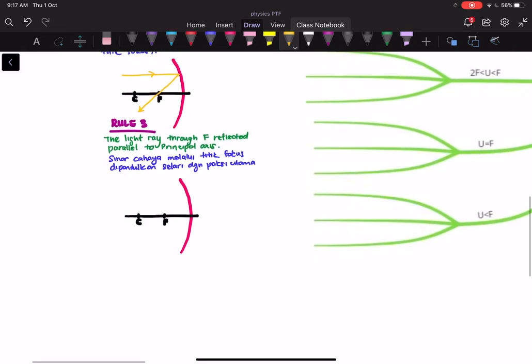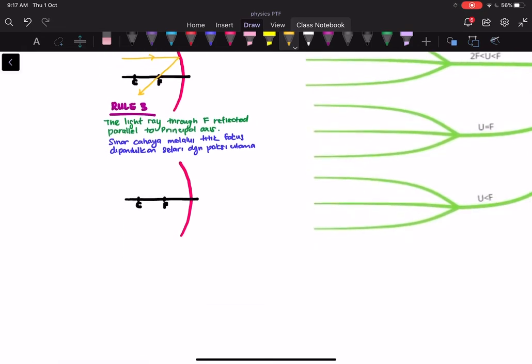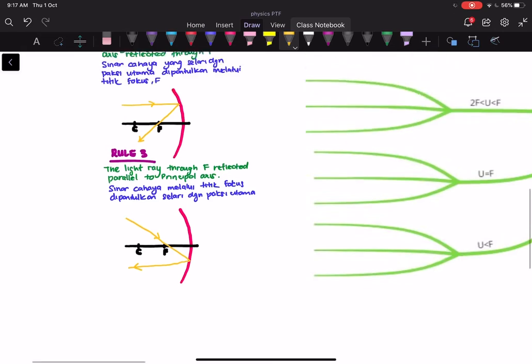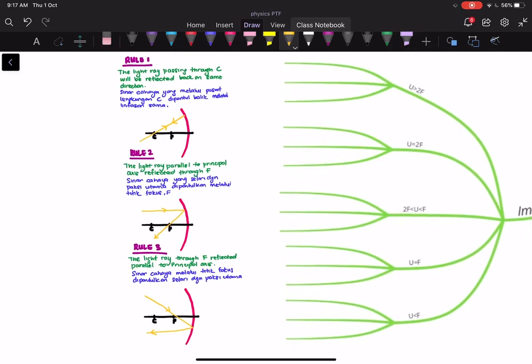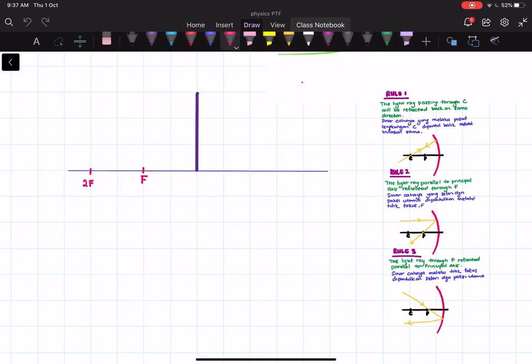And the last one, the third rule, says a light ray passing through F, sinar cahaya yang melalui titik fokus F akan dipantulkan secara selari dengan paksi utama. It is reflected parallel to the principal axis. So do remember all these three rules, because by using them we will draw ray diagrams at different positions.